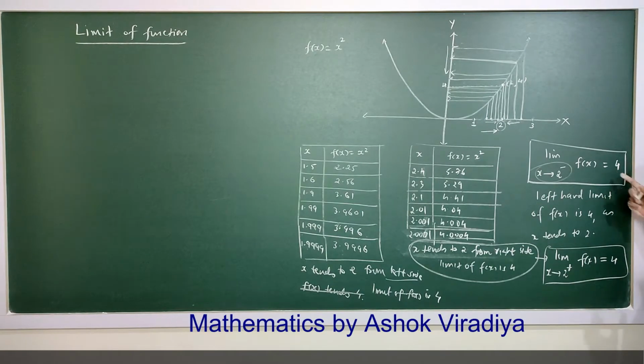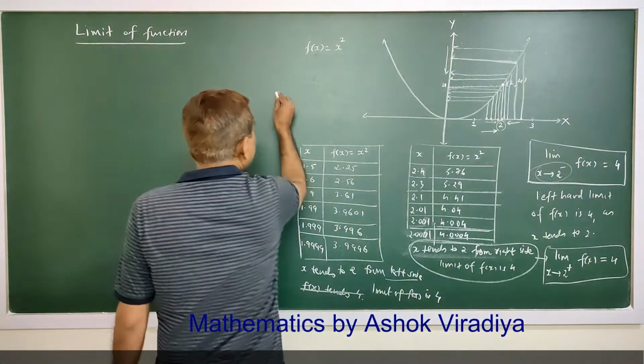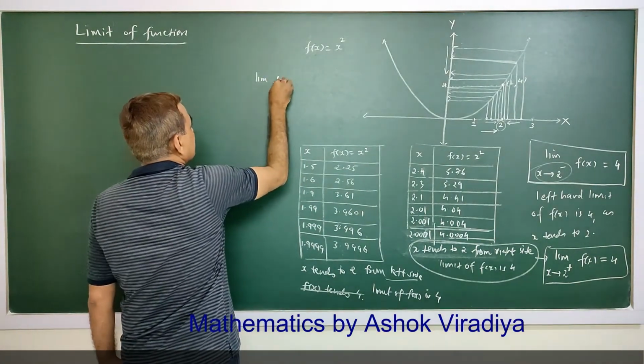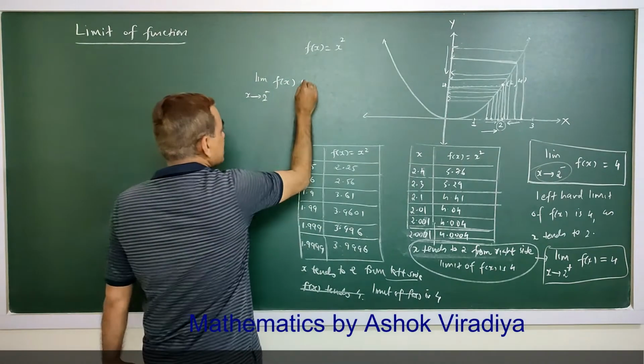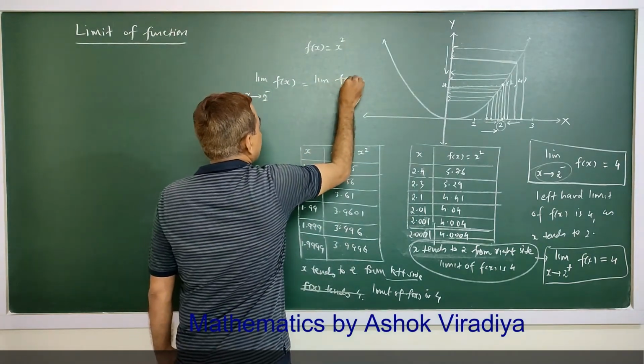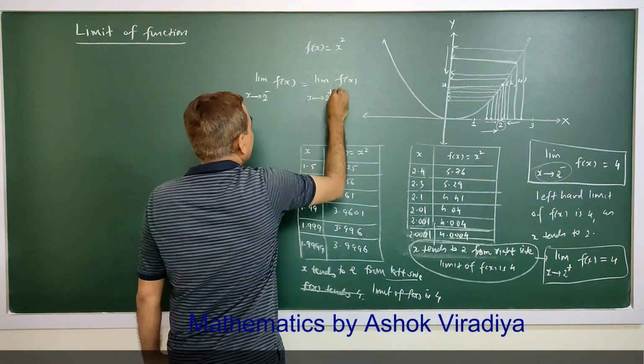So left hand limit and right hand limit are equal. Here left hand limit and right hand limit are equal. So we say limit of f(x) as x tends to 2 from left equals limit of f(x) as x tends to 2 from right side.